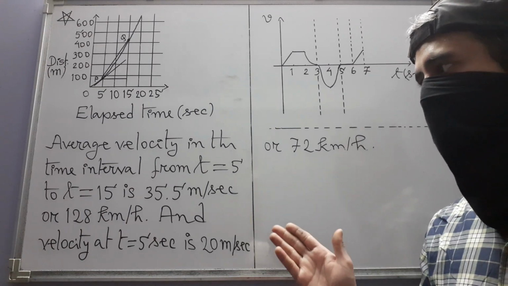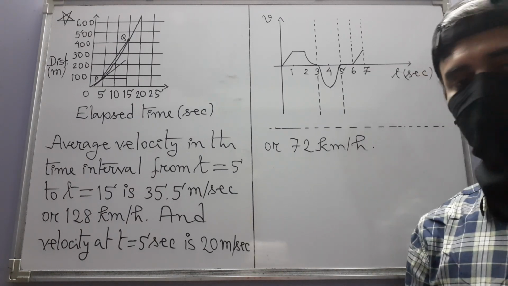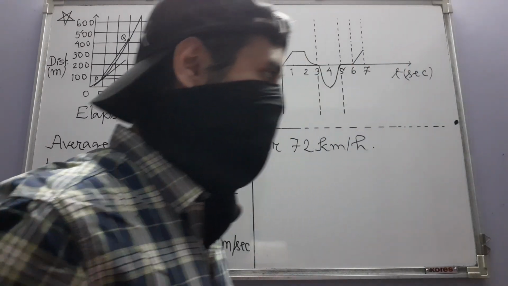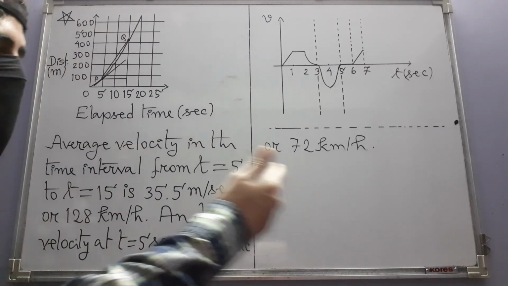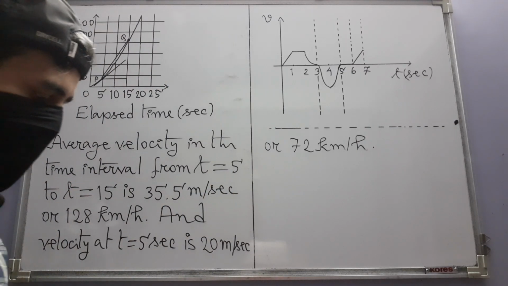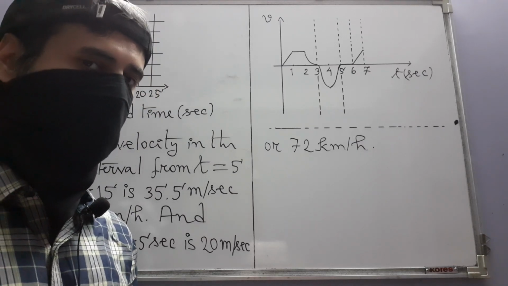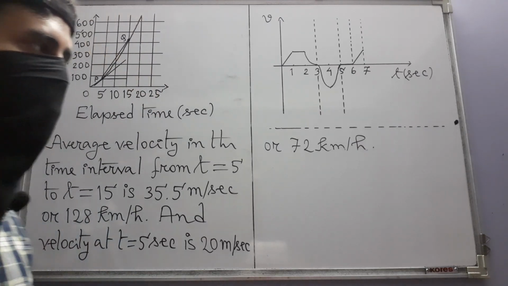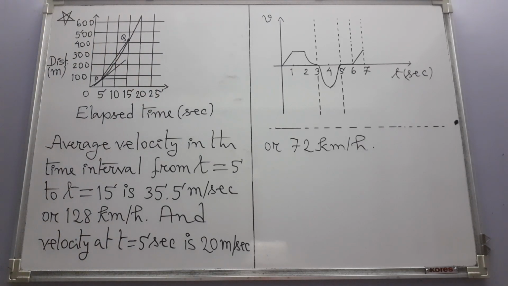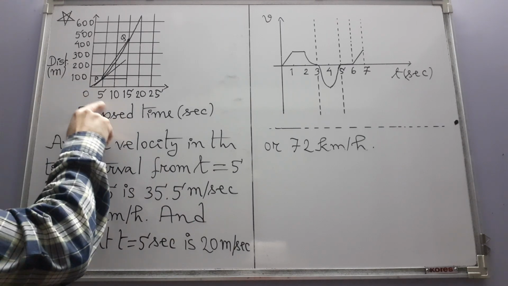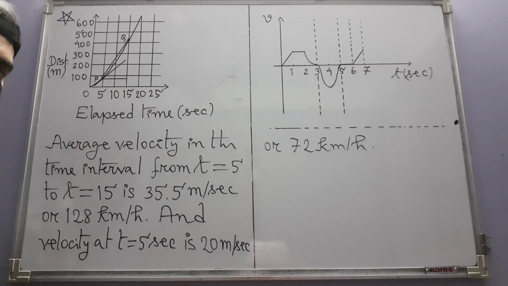And this is example 2 in the book. It shows the motion of a car along a straight line. The car model is some 1994 Ford Mustang Cobra. The model is not really that important, but we want to see how it's moving and what's going on. So this is the distance versus time graph of such a car's motion.